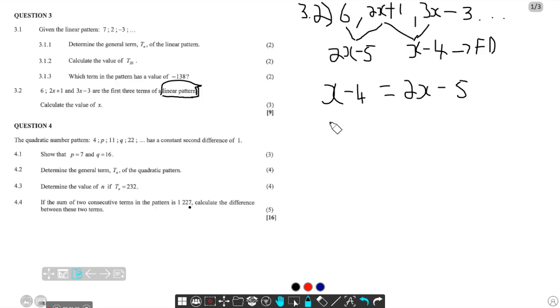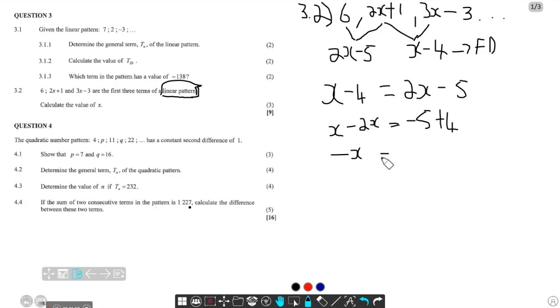You already know how to do this now. You say x, then minus 2x. Then if you want to do it on your own, it's fine. Then you're going to have negative 5 plus 4. Then you're going to have 1 minus 2. So if you have 1 minus 2, it's 0, negative x, right?